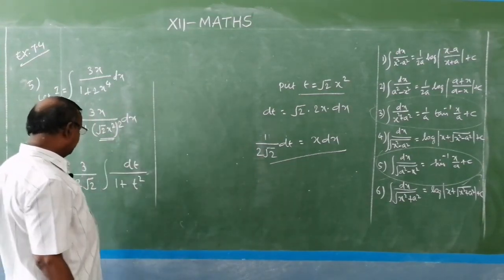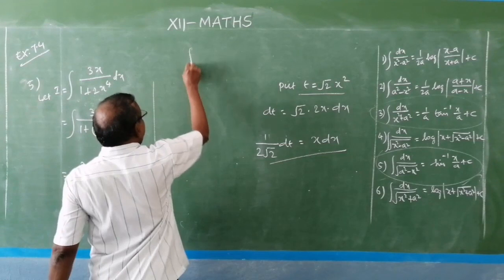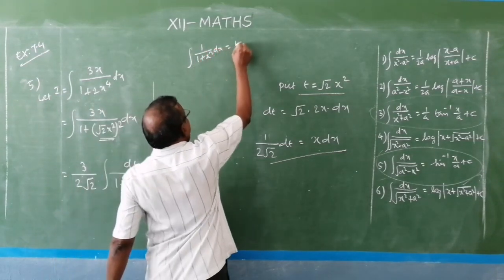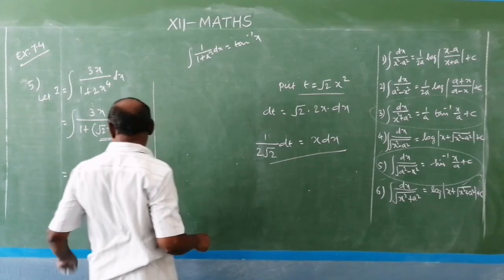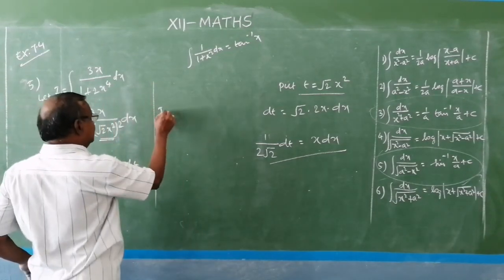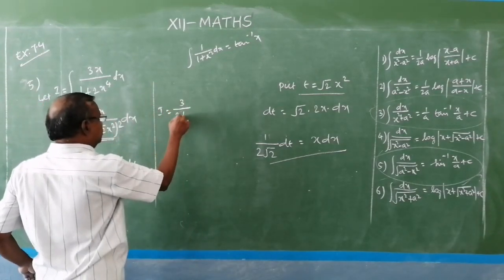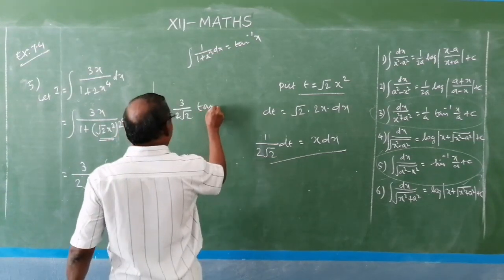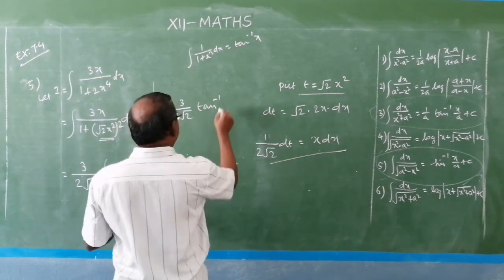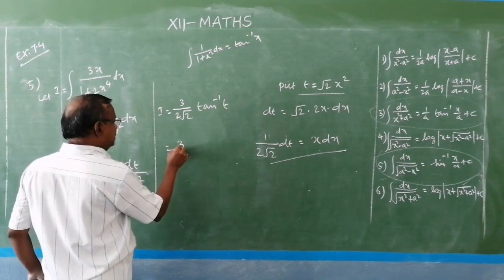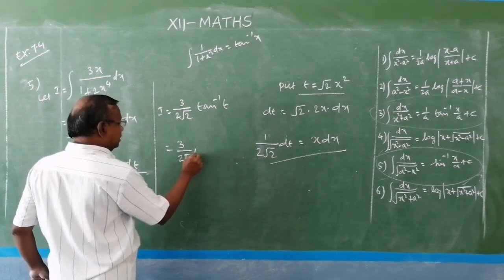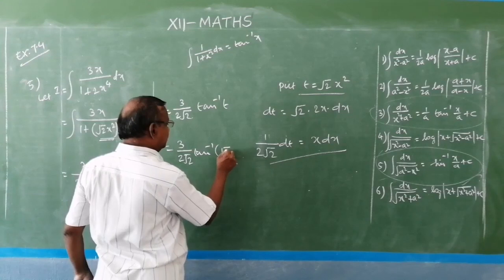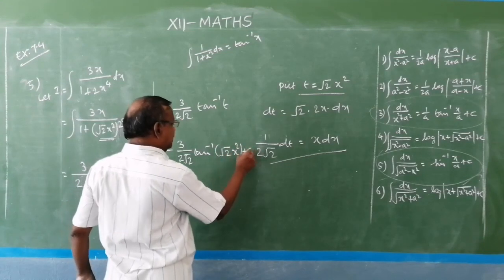What is 1 by 1 plus x square? Integral 1 by 1 plus x square into dx equals tan inverse of x. Accordingly, I equals 3 by 2 root 2 tan inverse of t, that is root 2 x square, plus c.